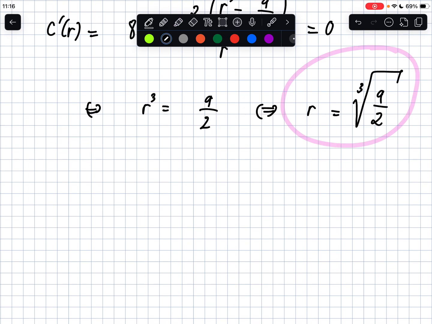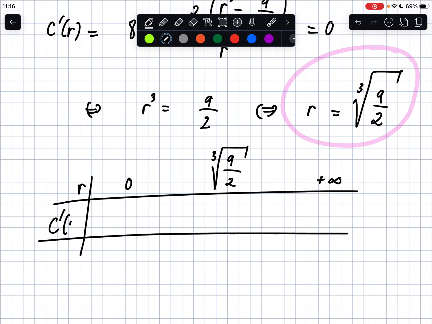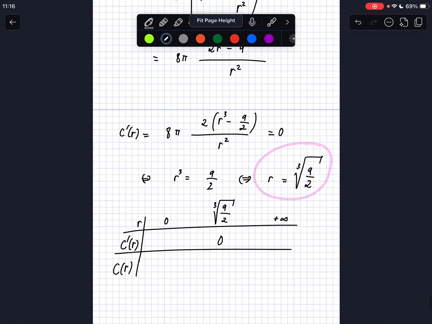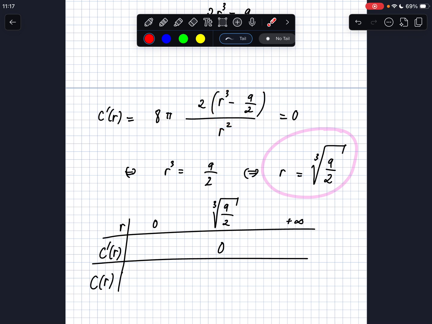So we have radius from 0 to infinity, and then we have the critical point, the cube root of 9 over 2. C prime is 0 here. So C prime equal to this. If the radius is less than the critical value, then radius cubed is less than this one cubed, because we are all positive here.